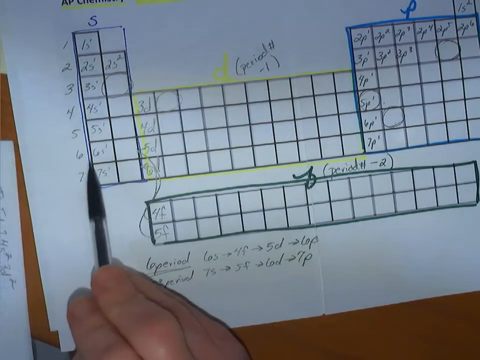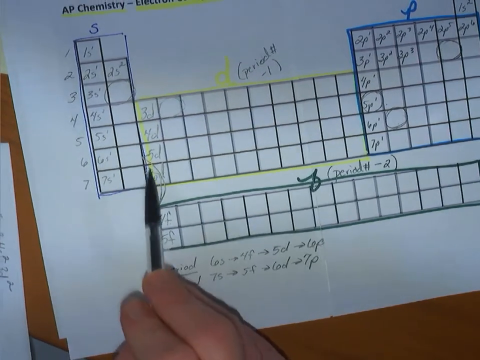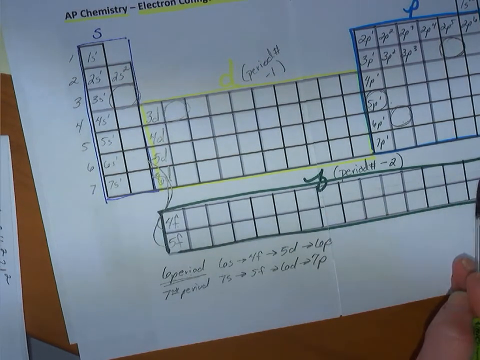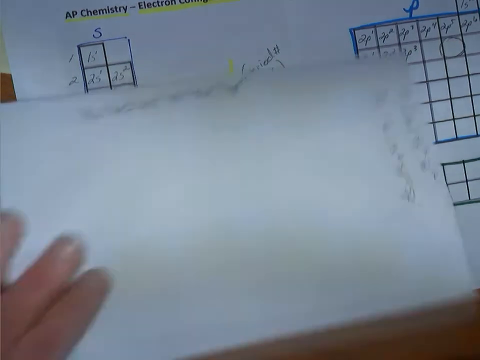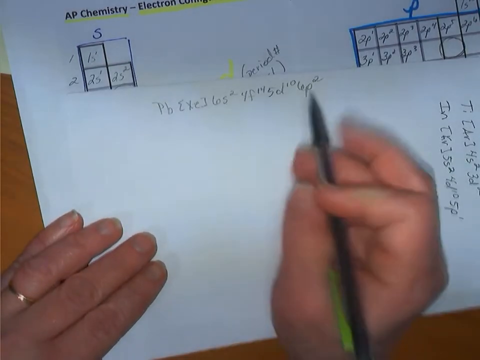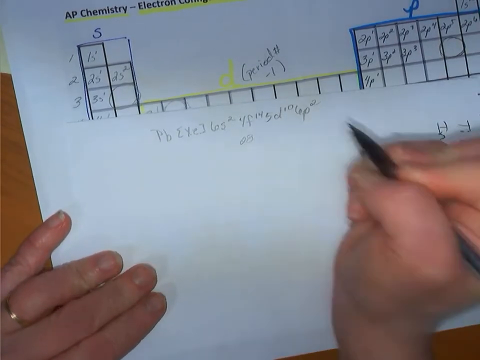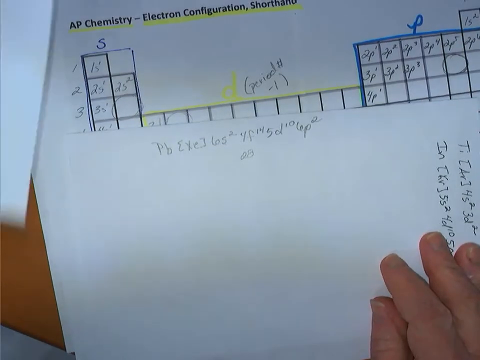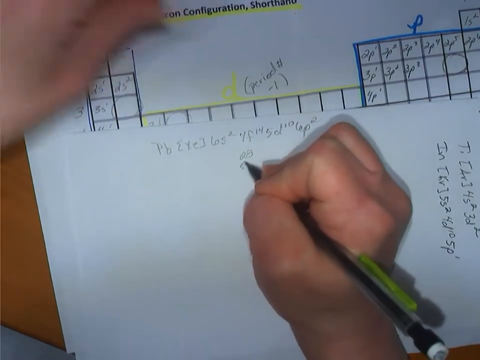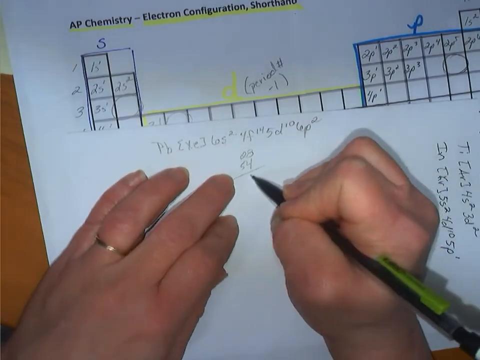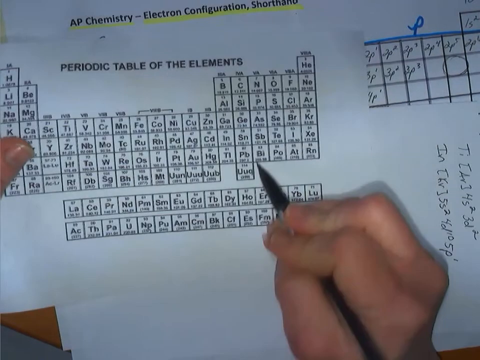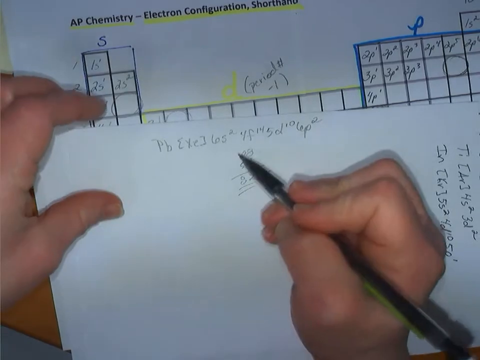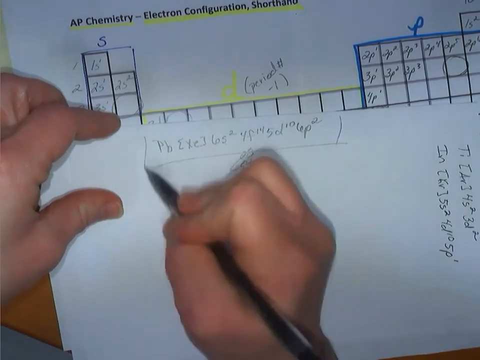So in essence, we filled this, then got all these, came back up, got all these, and then these two. And if we add, let's see, that is 28 plus xenon's 54 total electrons if it's neutral, and so that gives us 82 total electrons, which of course is lead. So we are good.